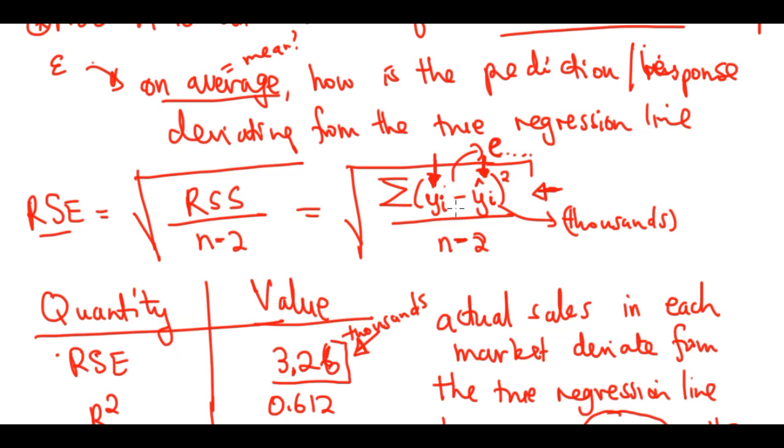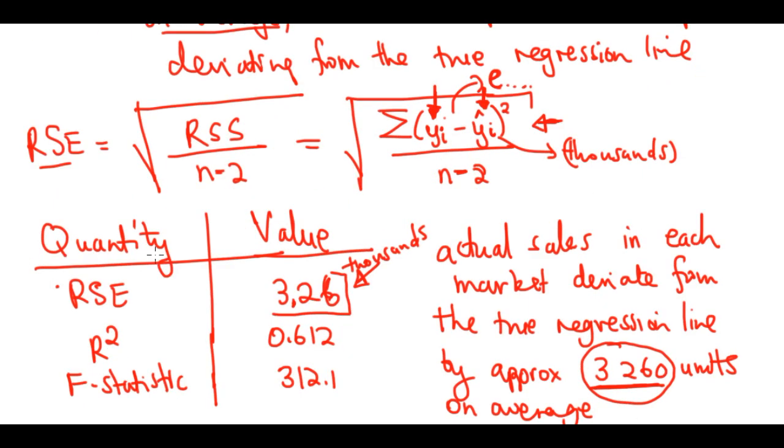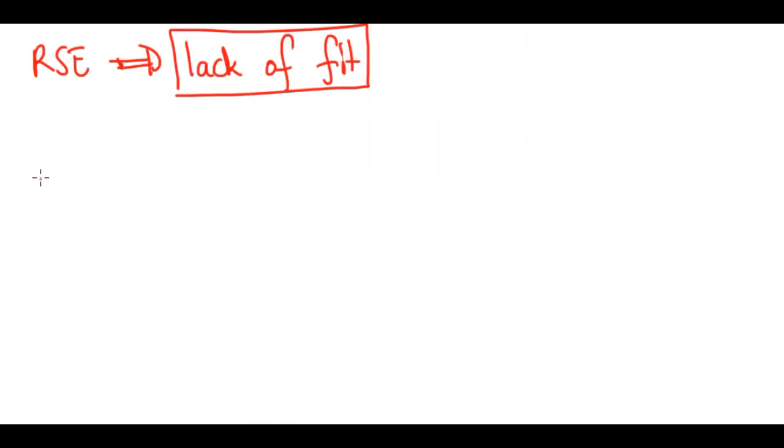If it is a very small value and then we do the square root and we average it, it means our RSE will be small. So what I'm saying is, if yi hat is approximately equal to the actual, it leads to a small RSE.